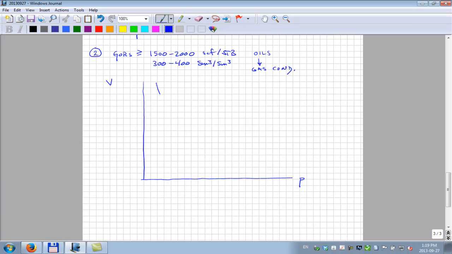Of course, at low enough pressure, it's going to be two-phase, and what you're going to see is that it's going to be looking something like this. It looks relatively continuous, the pressure-volume relationship, and there's no clear break. So we don't know where it's going from single phase to two phase. That's the problem.